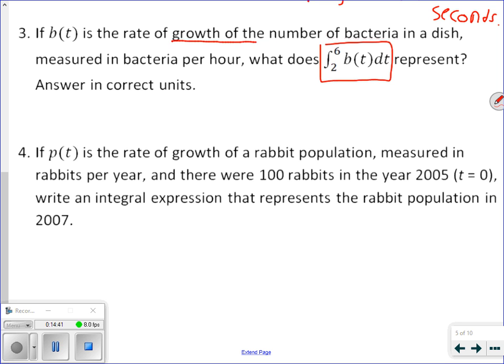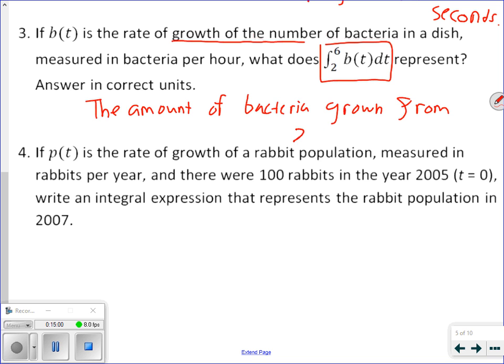This is talking about the rate of change of the growth. So this simply is saying the accumulation, or the amount of bacteria grown from 2 to 6 hours.